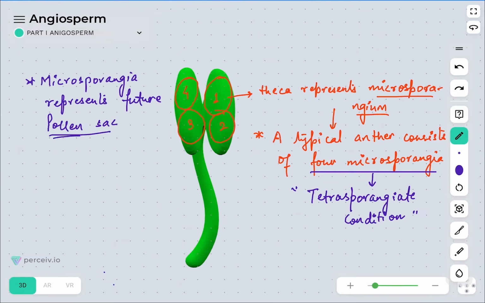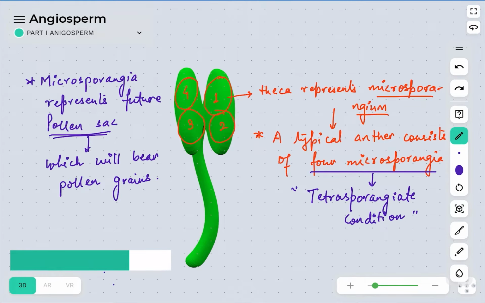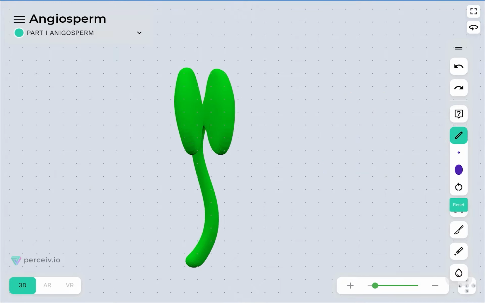And if this is a future pollen sac, sac means chamber, so this pollen sac is going to bear pollen grains. So this was about the entire anther part. Now we'll talk about the filament part.